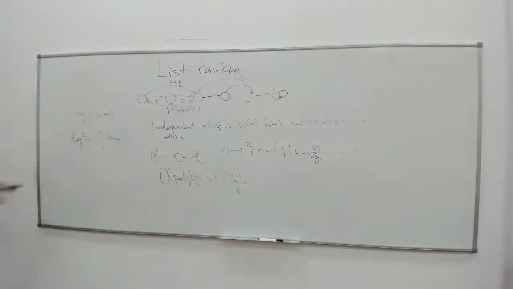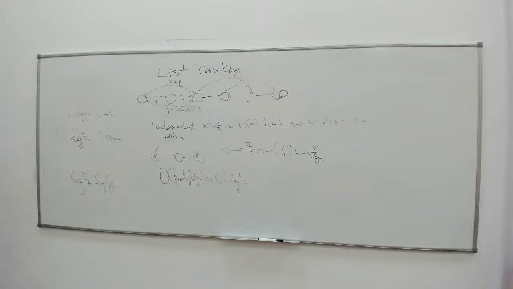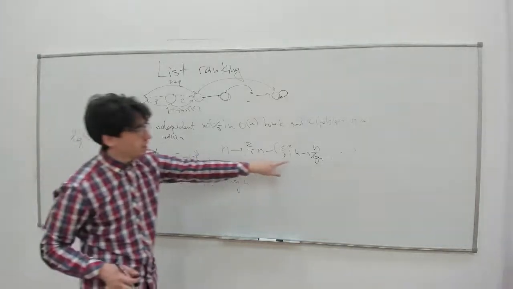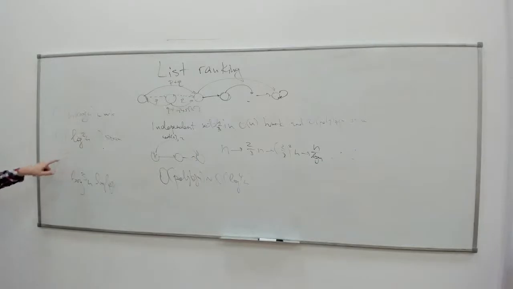Then in total we will save: it will not be log cubic n, but log cubic n and log n, as per usual. We have to make log n of these steps to get to n divided by log n, and then we call this algorithm, and in this case the algorithm will be working faster.